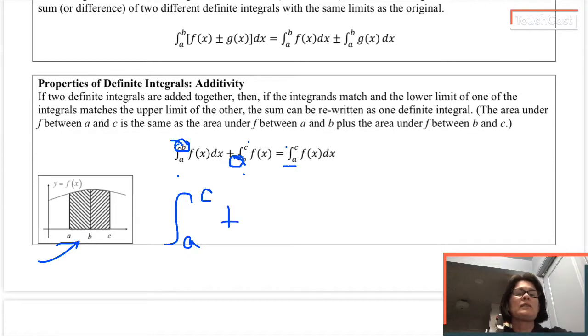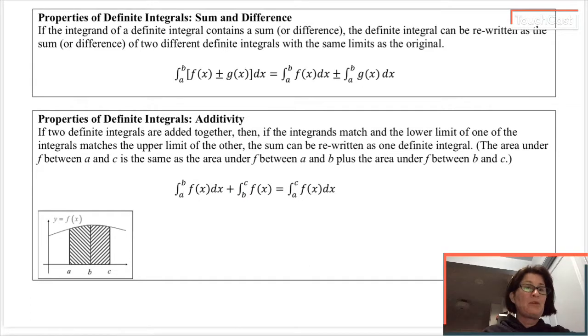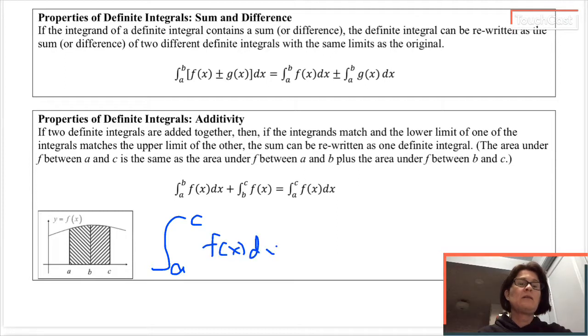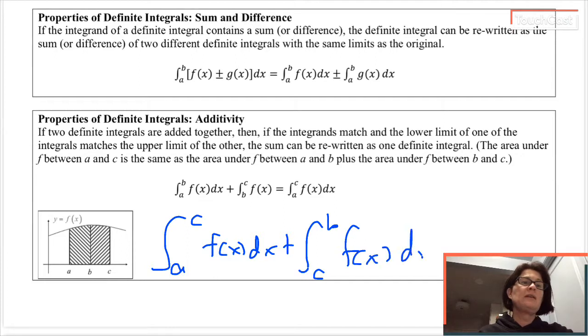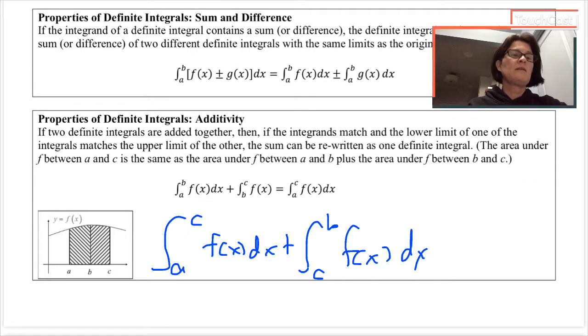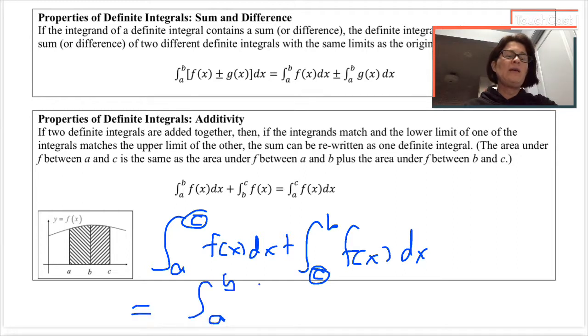I could have written the integral from a to c of f of x plus the integral from, as long as this upper limit matches, c to b of f of x dx. And I can think of those c's canceling. That's going to equal the integral from a to b of f of x dx.